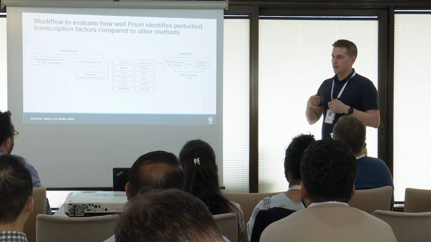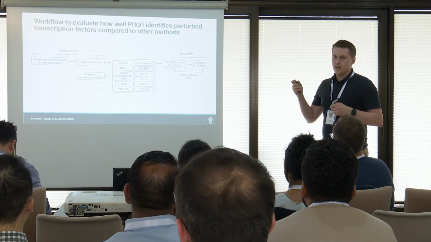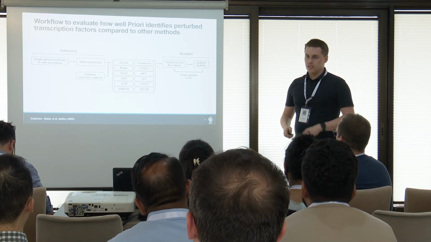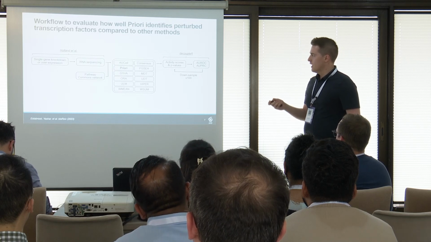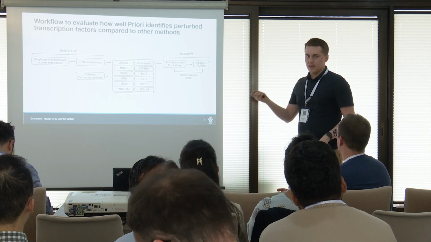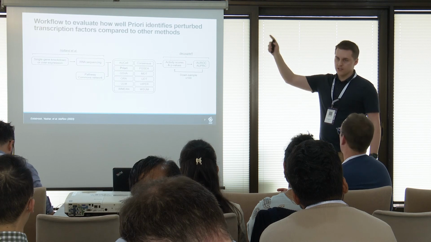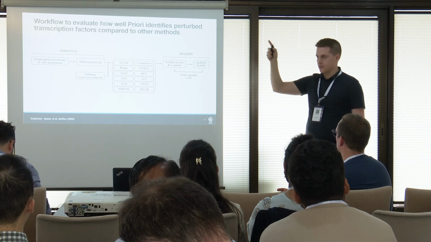So these are cell lines where a certain gene has been knocked down with CRISPR-Cas9 or short hairpin RNA, or overexpressed using a TET-inducible system, followed by RNA sequencing. And then using decoupler, we can generate activity scores for these different methods, including Priori, and look at the frequency with which the perturbed transcription factor score is among the top scores compared to the unperturbed.